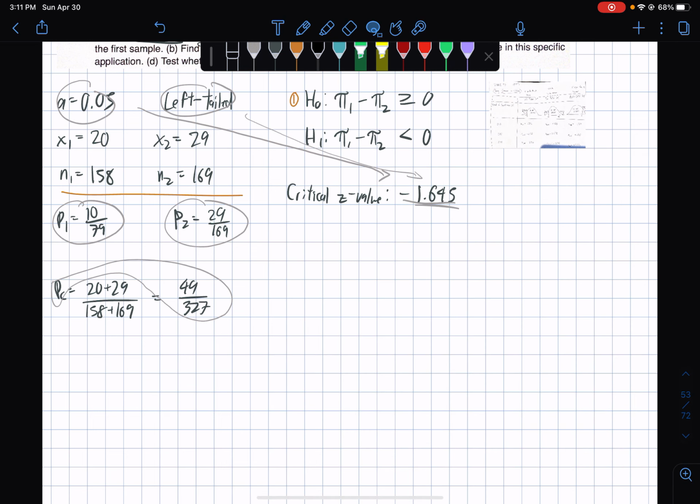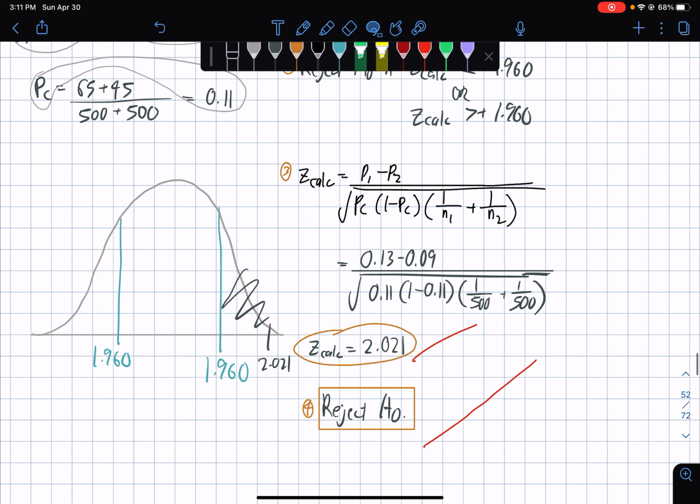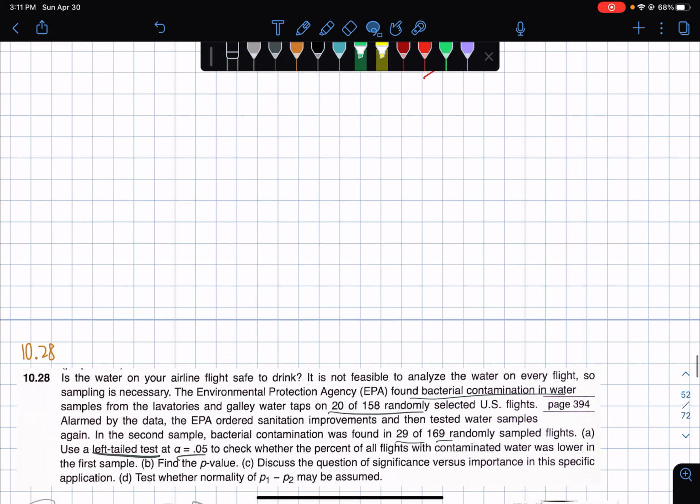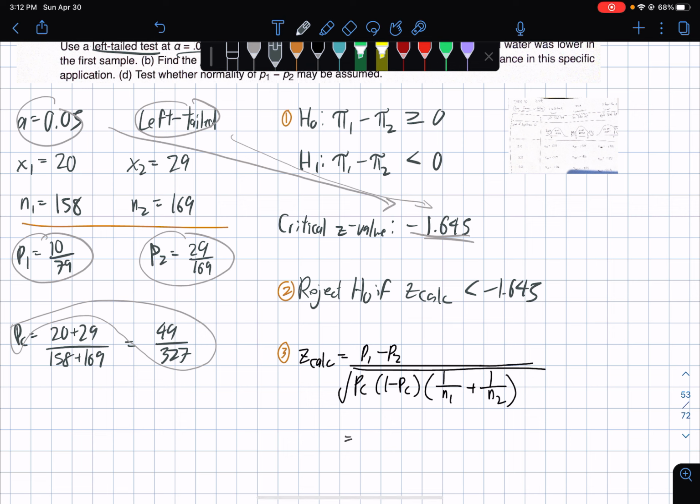So let's go with step 2. Reject H0 if Z calc is less than negative 1.645. Now let's go with step 3. Let's just copy paste the formula. P1 minus P2, that is 10 over 79 minus 29 over 169.